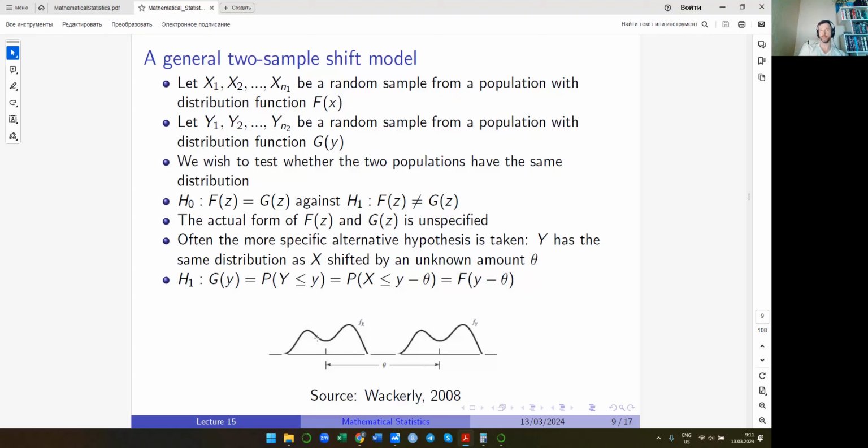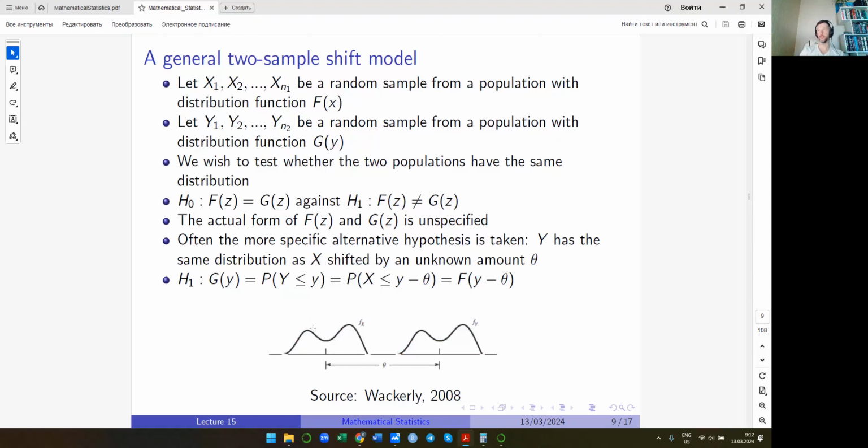And the distance between their centers is exactly theta. So this is what we test as an alternative hypothesis. Again, instead of testing the hypothesis that two distribution functions are different, because that is hard to test, we test the hypothesis that the distribution functions are the same but shifted, so they have some distance between their respective centers.